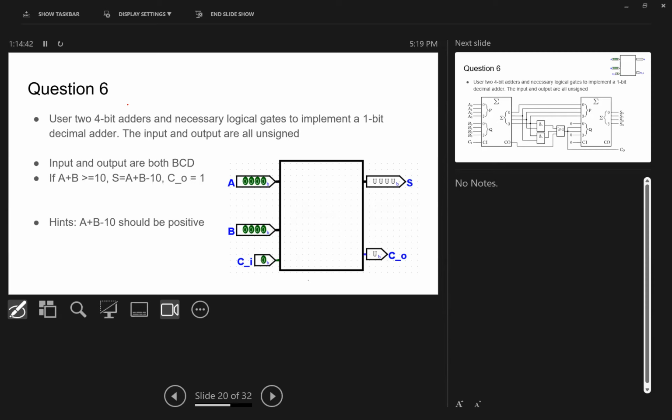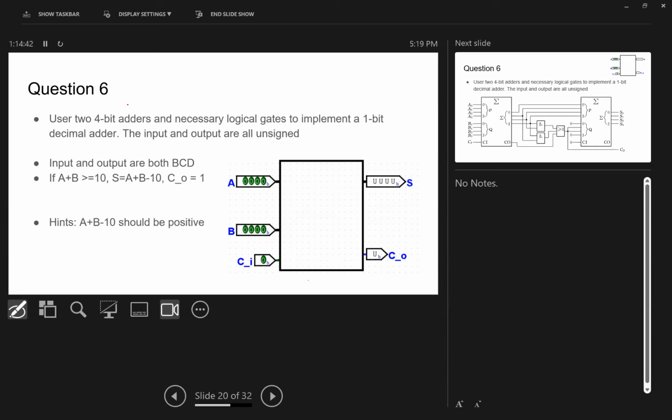If you look at this, for this case we also have 2 different conditions, like when k is equal to 0 and k is equal to 1. Here, when A plus B is less than 10, we have 1 condition, and when A plus B is larger than or equal to 10, we have another condition. So here we have to use the comparison result of A plus B as a control signal, whereas before we just used k as the control signal.